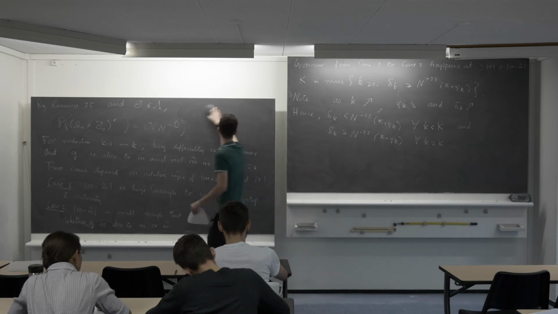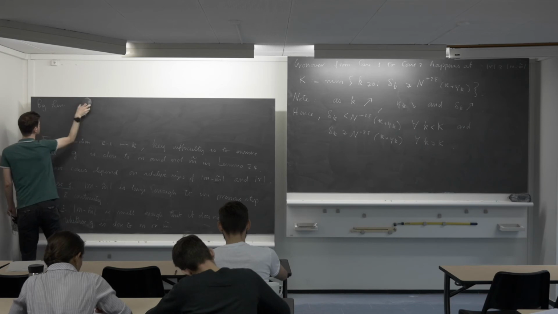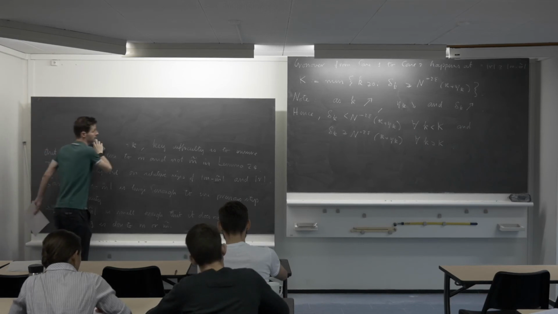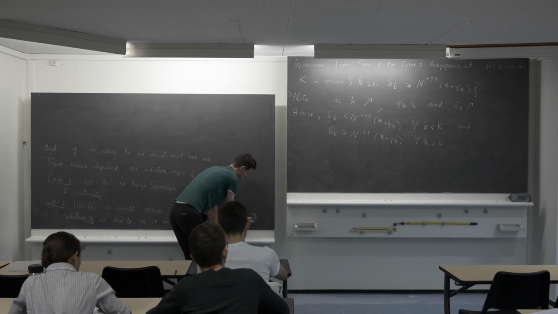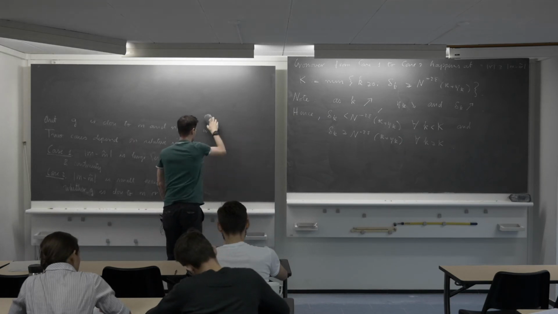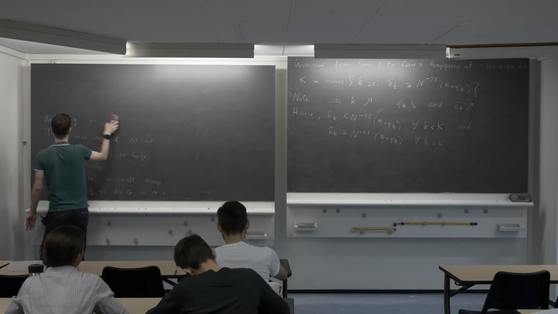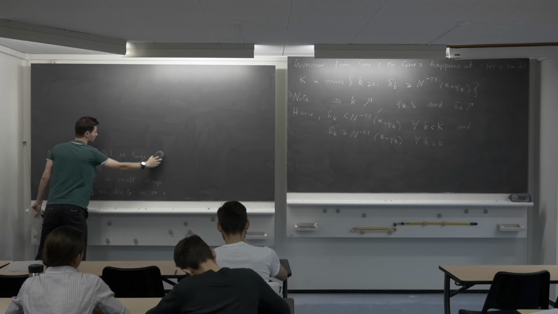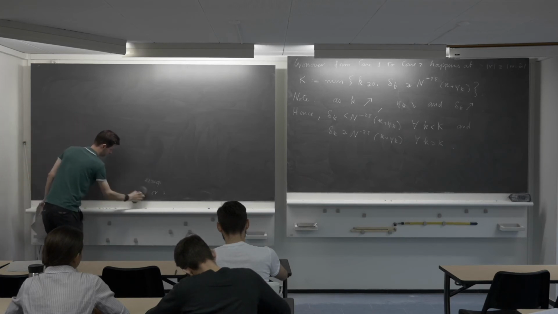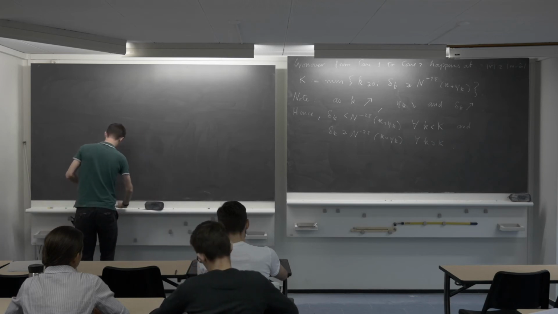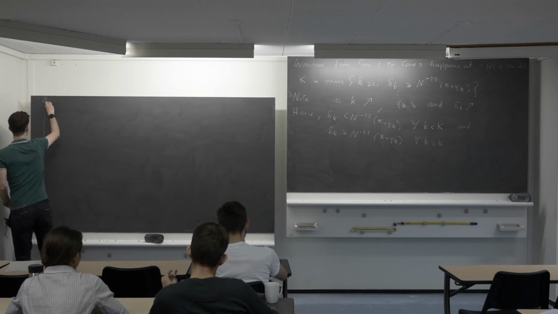Let me draw a sketch of what's going on, which I think is very helpful, and which you should really keep in mind throughout the proof. It really shows you the key idea of this whole argument and how these two cases behave. So I will draw a diagram.